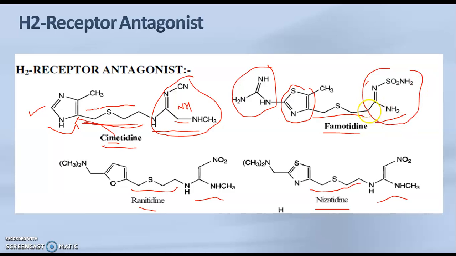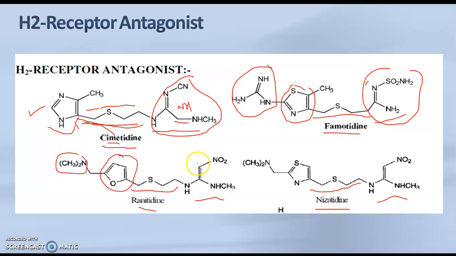Actually NH is missing, so it is not completely guanidine, it is a sulfonamidoguanidine. Then talking about the next structure, ranitidine. In ranitidine, the heterocyclic ring is a furan, and the basic side chain present on the furan is a dimethylamino group. And here you can see a urea type of structure. Urea means NH, C double bond O, NH. Such a functional group unit is called urea.